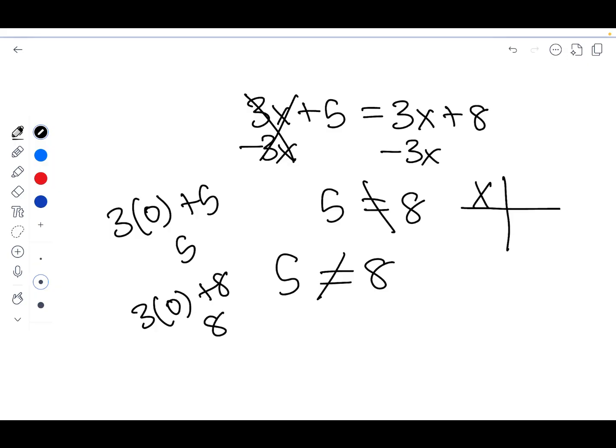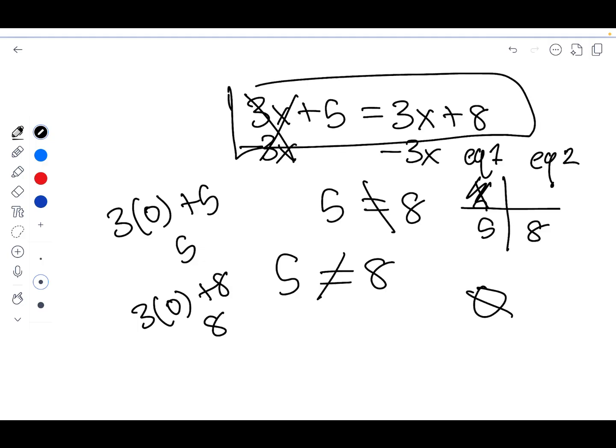So 5 from the first expression and 8 from the second expression clearly are not equal. So that makes our answer no solution. When you end up with a false statement, the equation has no solution. There is no value of x that will ever make this equation true.